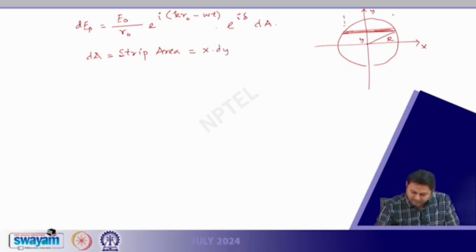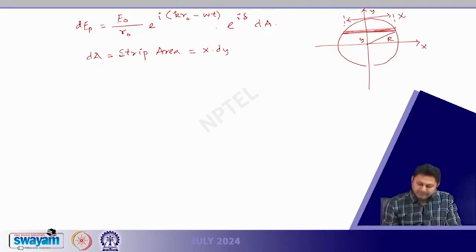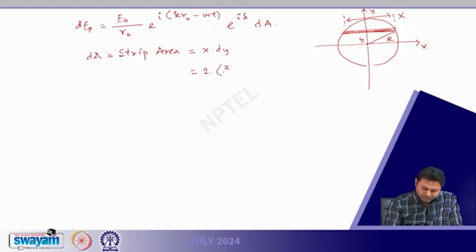You may remember that I defined this as big X. From here to here, this length I write x, and there is a relationship between. So, let me write down, this is 2 of x by 2, because from here to here this coordinate is x. So, this is small x by 2 multiplied by dy.